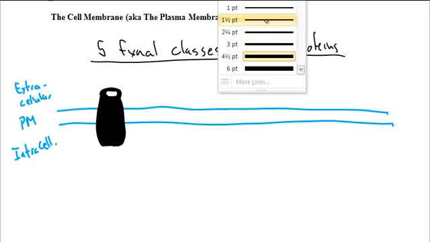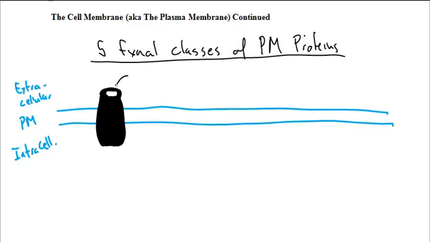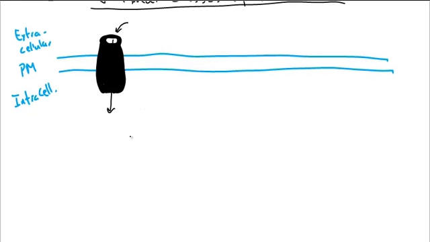So things can travel through this and out of the cell, or in the other direction, depending on it. So this one's called a channel protein.